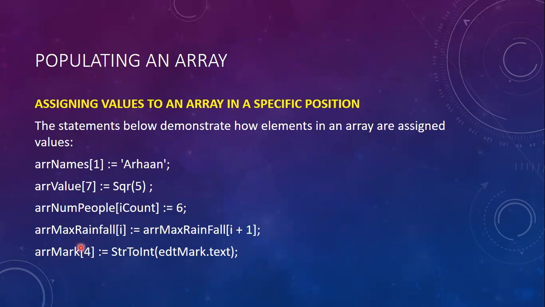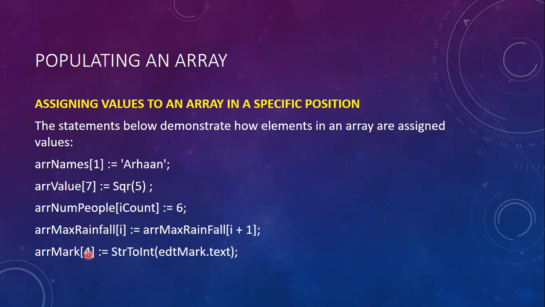rMark, index 4, and then whatever was written in my edit box, my user entered words, would then be assigned to a specific value. So this example here is you can say in your program, please enter your mark for the last test. And you would enter a mark, and whatever it was written, it is going to go into an array.